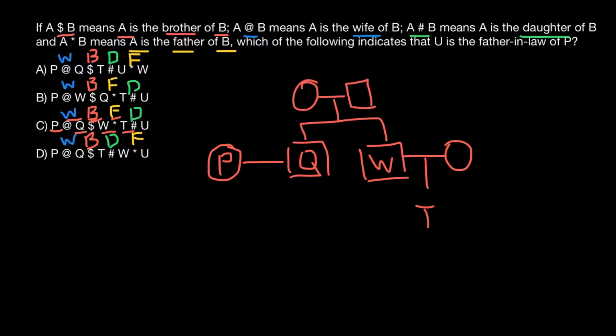So we have T, and T is a daughter of U. So this person has to be U.